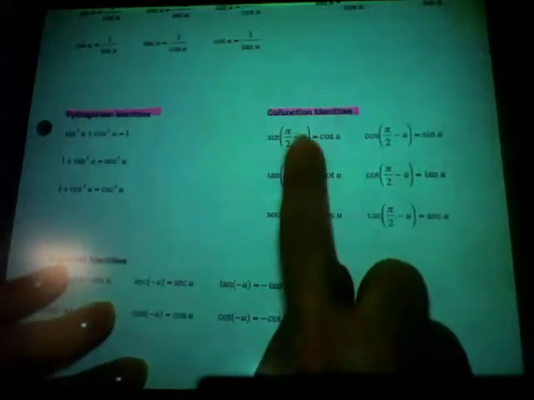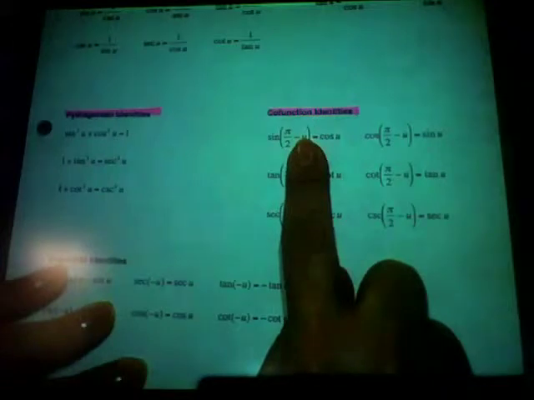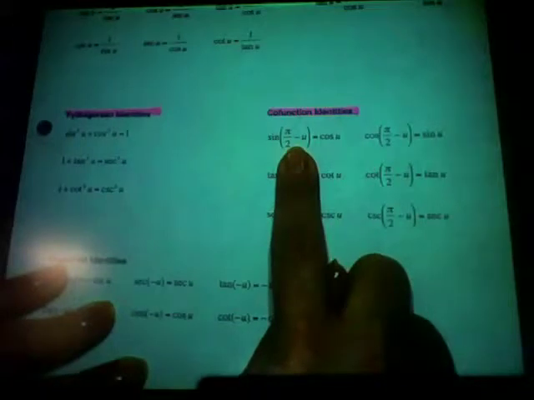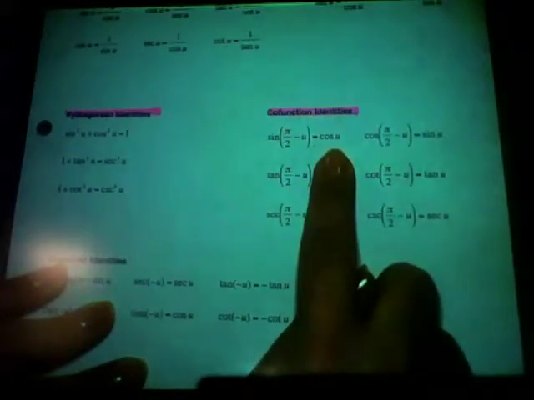So let's say that this angle measure here, because it's going to be something less than 90, is 40. What was u? 50, right? So the sine of 40, this whole thing, will be the cosine of 50. Do you see what I'm saying?